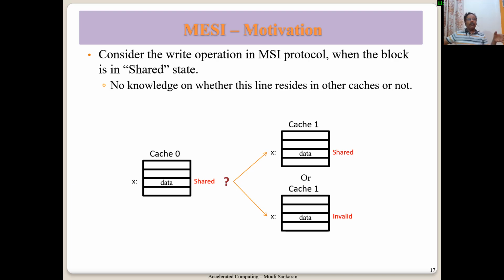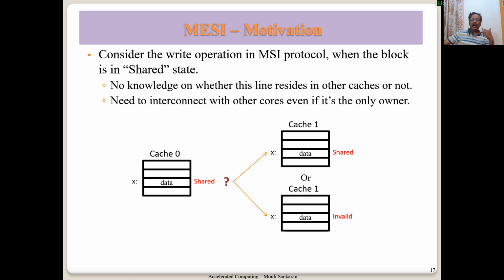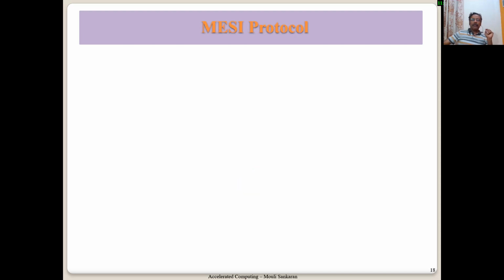Then you go around informing everybody, even though they are not having it, saying that hey, I'm going to change this block to modified state, so please invalidate all your entries. You don't need to do it in the MESI protocol, whereas in MSI you need to do that. So it's an unnecessary transaction on the snooping bus, needing to interconnect to other cores. So we are avoiding that in the MESI protocol.